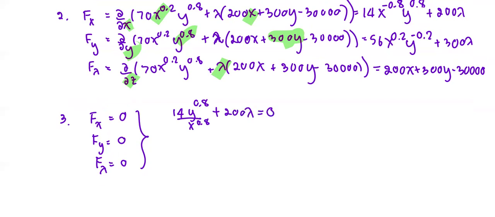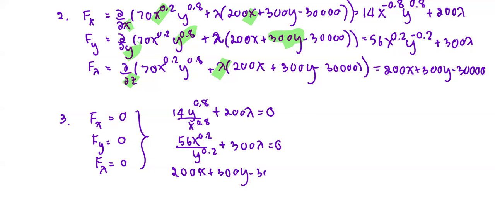Same as the partial with respect to y: 56 x to the 0.2 divided by y to the 0.2 plus 300 lambda equals 0. And the last equation, 200x plus 300y minus 30,000 equals 0.